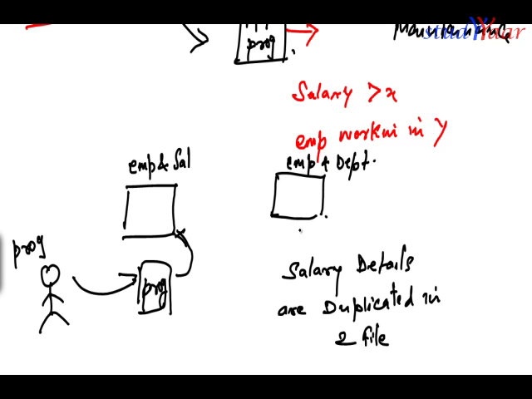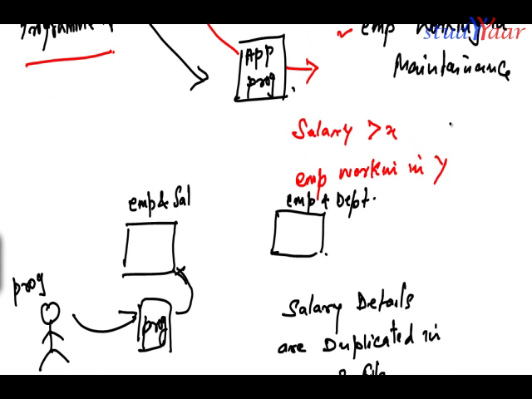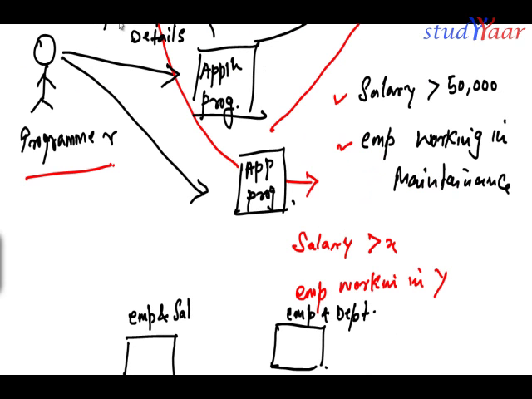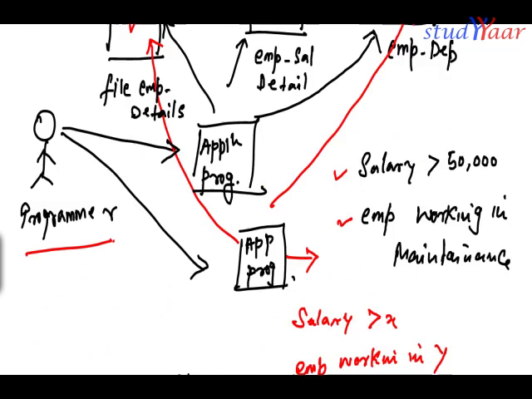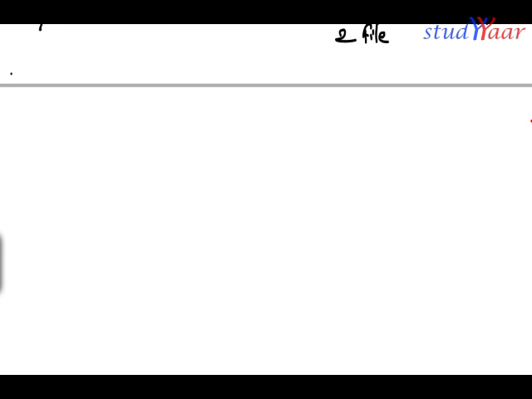Okay, so if suddenly employee X is given a raise and his salary is increased from 50,000 to 80,000, it now becomes imperative that our programmer updates both of these two files, this file as well as this file. Okay, so that's basically the major problem with these file processing based systems, and that's basically the gist of how file processing based systems work.